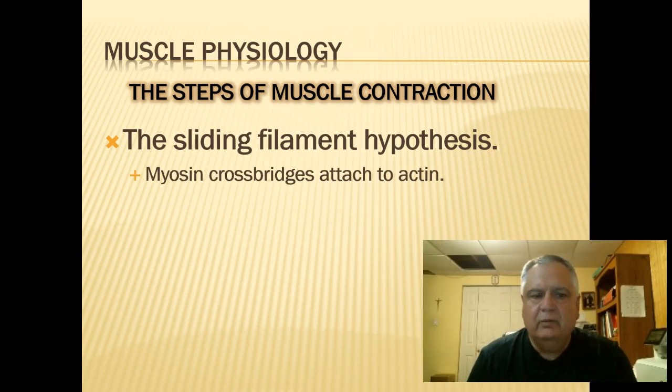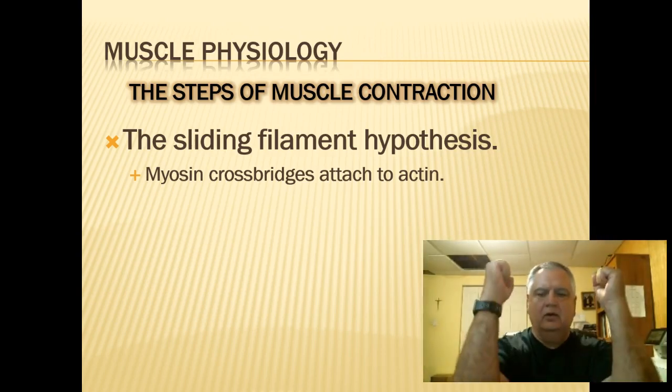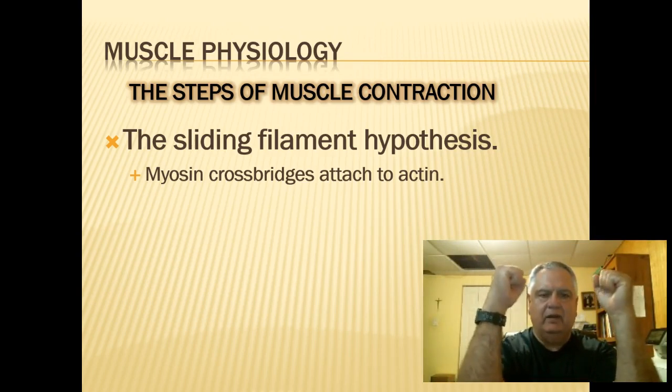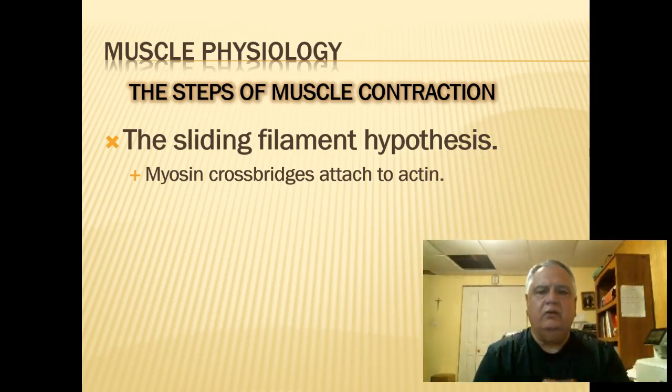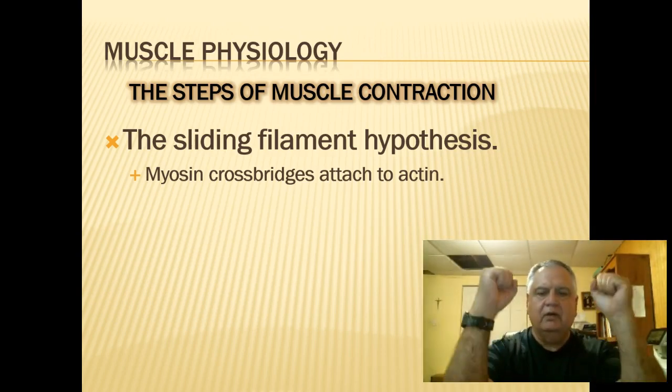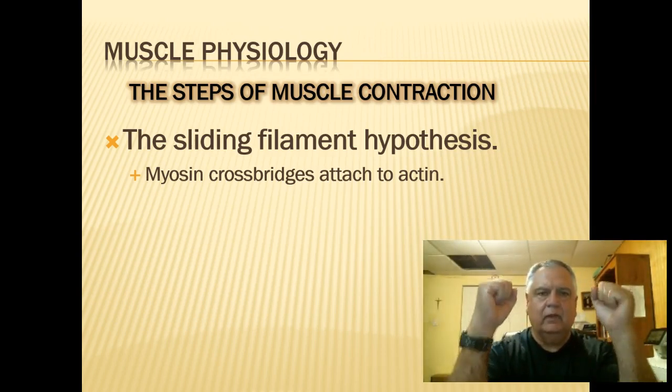In the sliding filament hypothesis, remember there are two myofilaments associated with the muscle fibers: actin and myosin. Let's take a look at myosin first. Myosin, remember, is the thicker of the two myofilaments. It has cross bridges on it that can stand up off of it, kind of like my arms with a fist on the end. They have a head at the end, and these cross bridges have the ability to link on to actin.